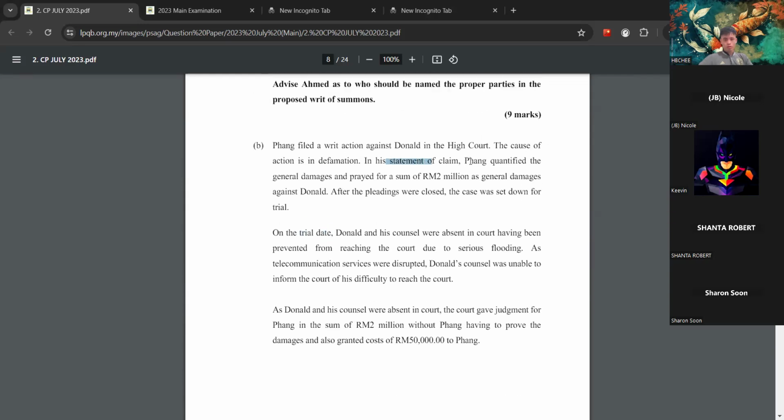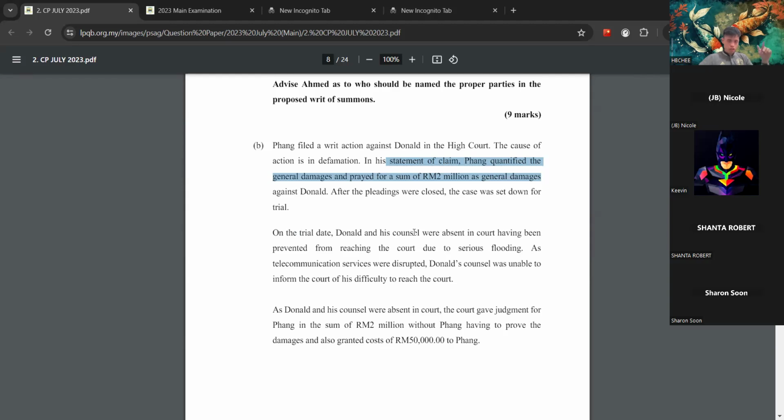In the statement of claim, Pang quantified and prayed for the sum of 2 million as general damages. According to Order 18, Rule 1(2), general damages should not be quantified. I guess this is what we also studied in our general paper when dealing with the statement of claim.